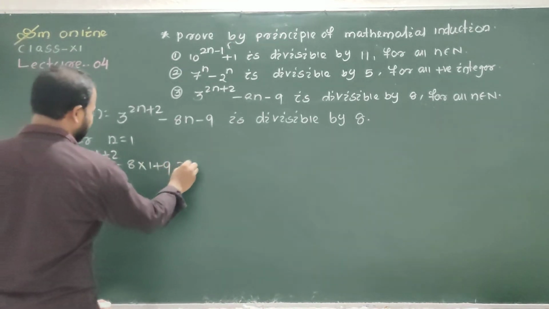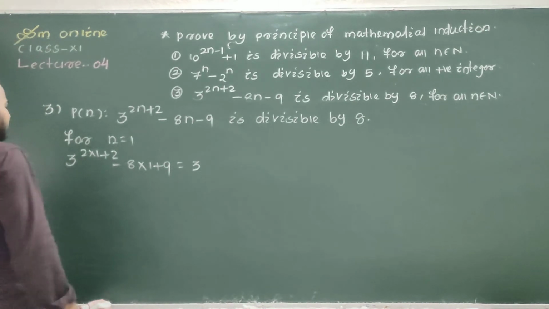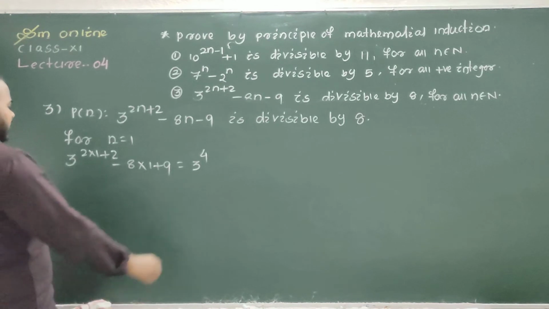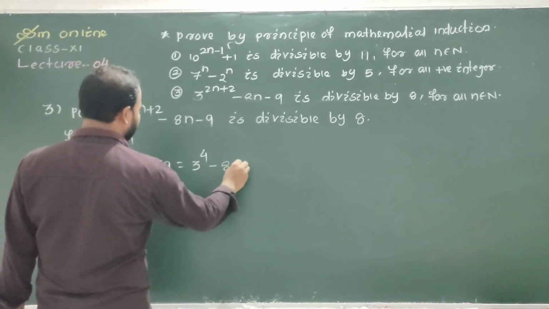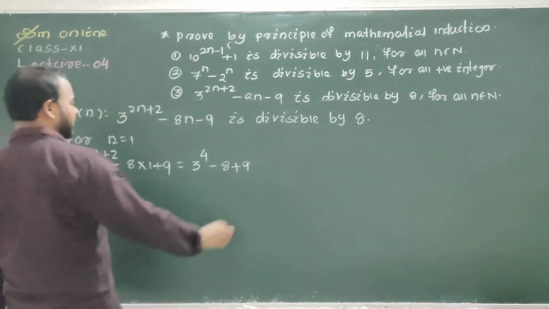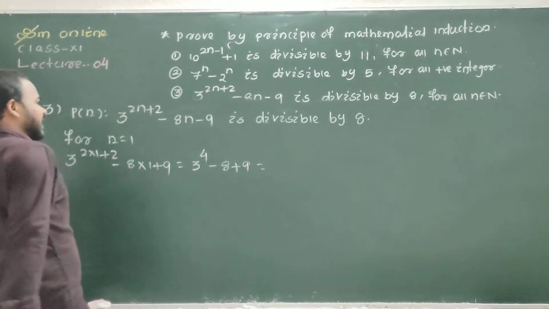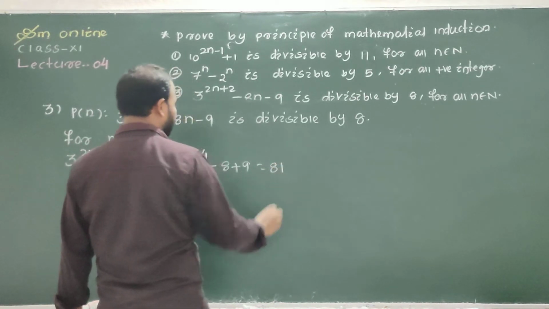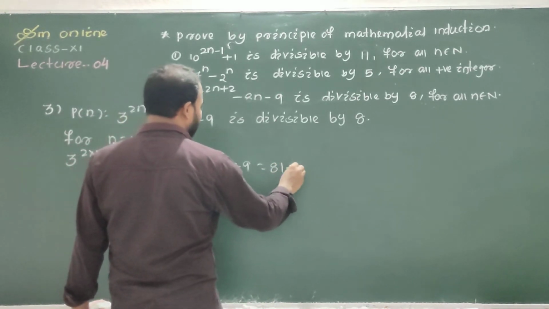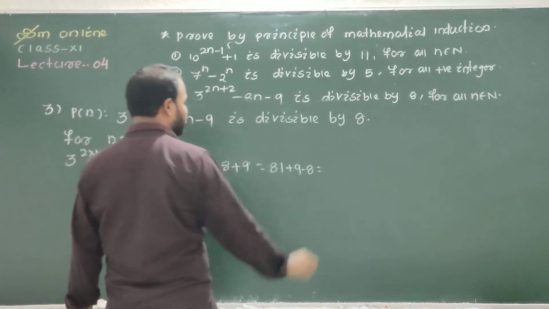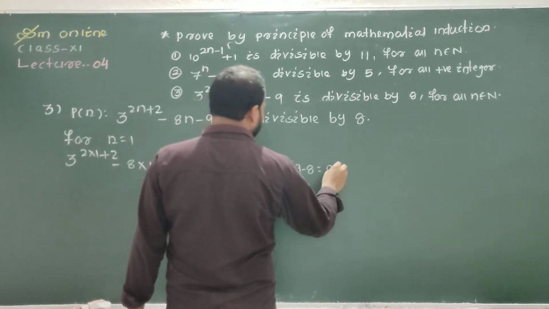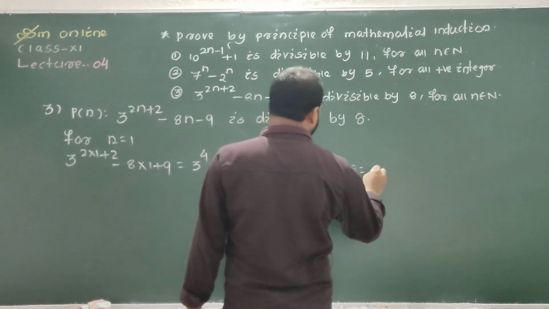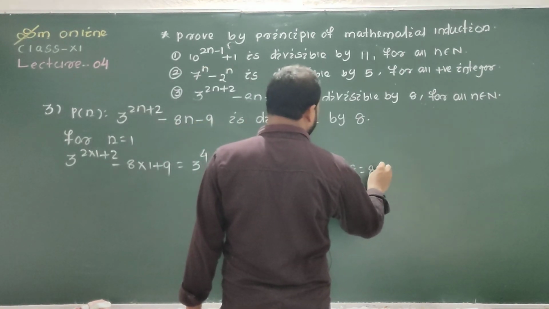This is equal to what? 3 to the power 2 plus 2, that is 4, and minus 8 plus 9. 3 threes are 9, 9 nines are 81, 81 plus 9 minus 8 equals 90 minus 8, equal to 82.